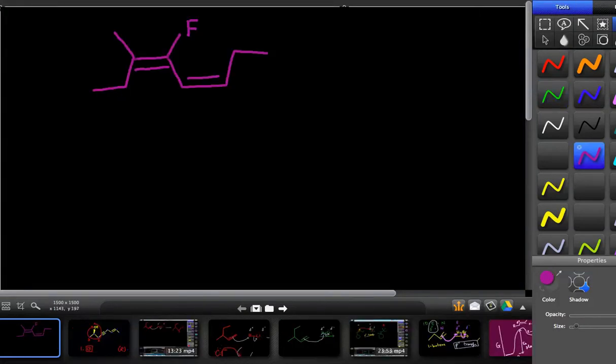So if we look at question number 3, we have 1, 2, 3, 4, 5, 6, 7, 8. So that's octan. And of course we have a diene.